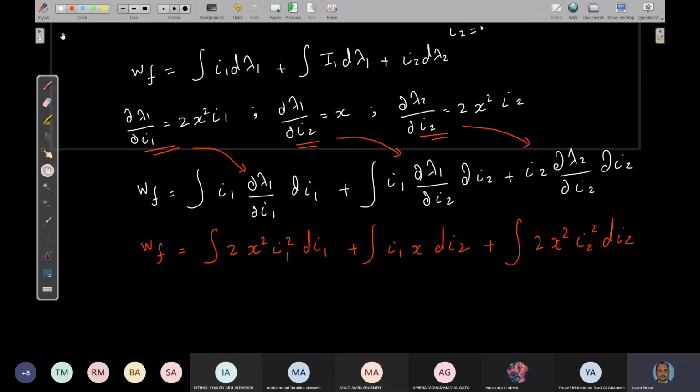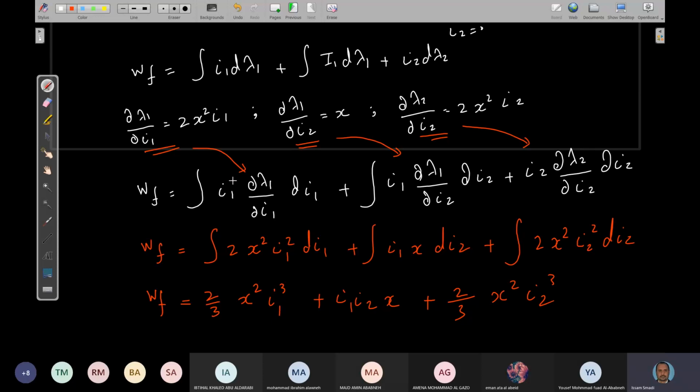Now if I do the integration, then omega f is equal to 2 over 3 x squared I1 cubed plus I1 I2 x plus 2 over 3 x squared I2 cubed. And this is the field energy.